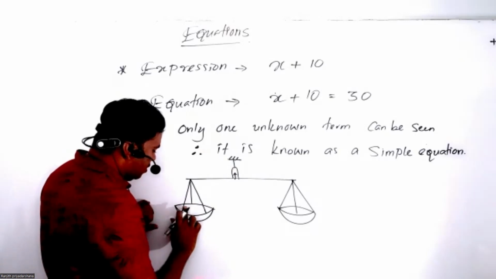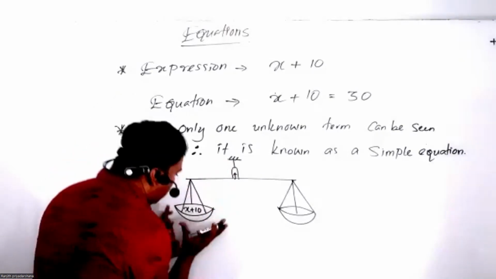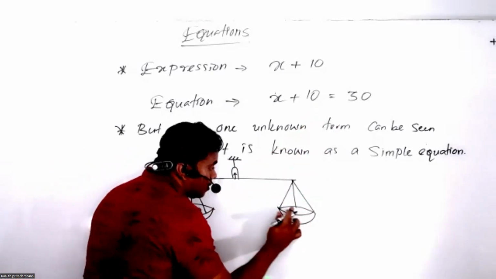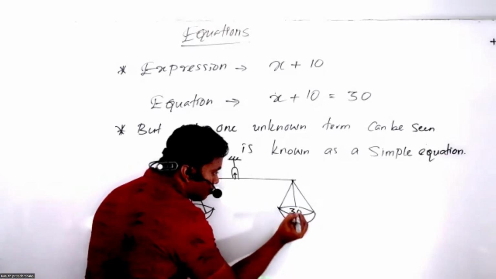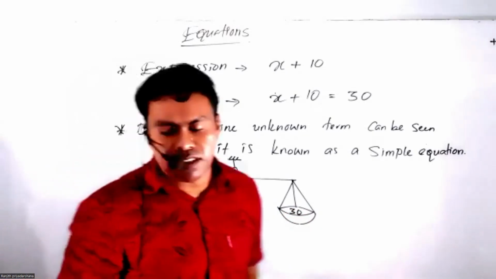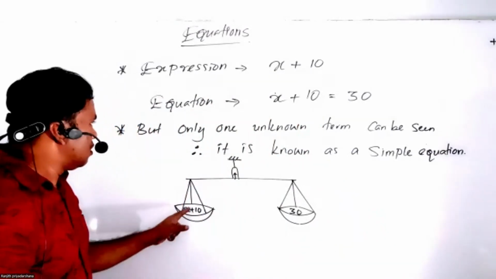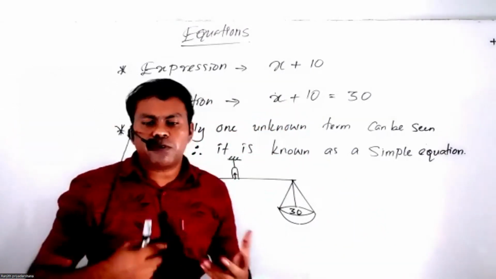X plus 10 would make the balance tip, so I hold it and put 30 on this side. Now it's okay, balanced. Now I want to find the value of x.